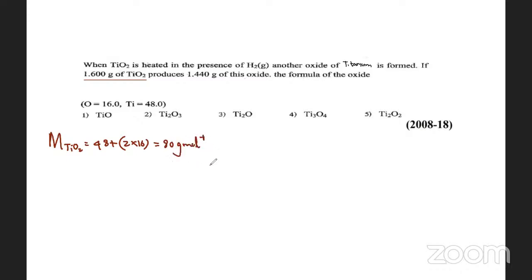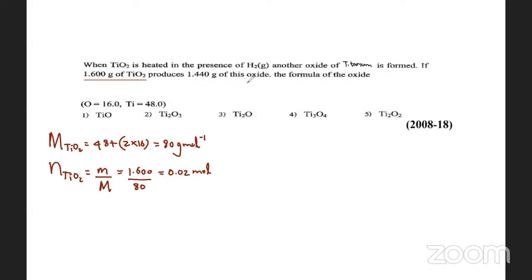And then we'll find out the number of moles of titanium dioxide, people. Number of moles is mass over molar mass. Mass is 1.600 over 80. And I think that is going to be 0.02 moles. That is the number of moles of titanium dioxide.